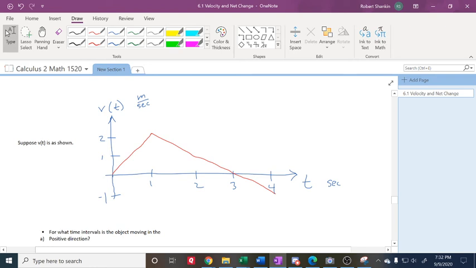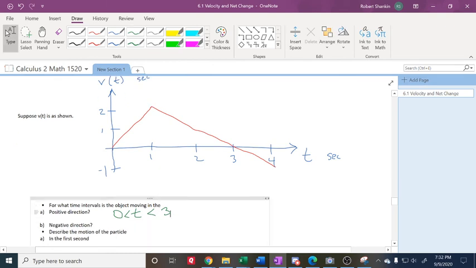So, at what time intervals is the object moving in the positive direction? It's between 0 and 3, not between 0 and 1. Positive this whole time, going up.